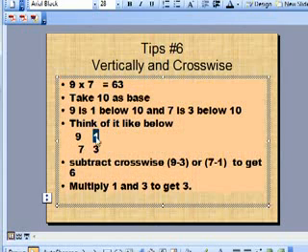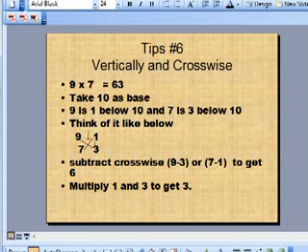So here, 9 and 1, because 9 is 1 below 10, and 7 and 3. Okay, now subtract crosswise. Either you can subtract 9 minus 3 or 7 minus 1.